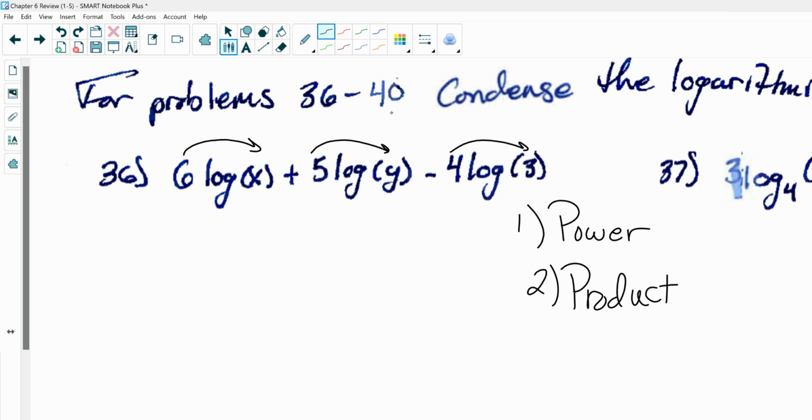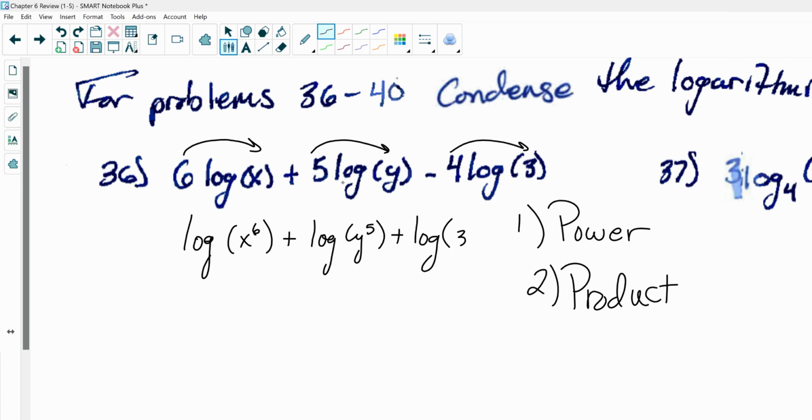So our 6 log of x becomes log of x to the 6th, plus our 5 log of y becomes log of y to the 5th, plus our negative 4 log of 3 becomes log of 3 to the negative 4.